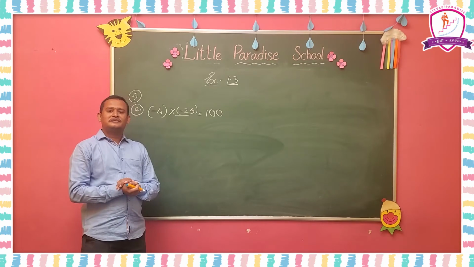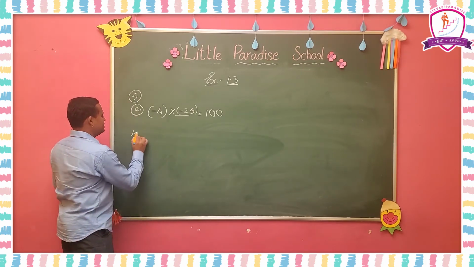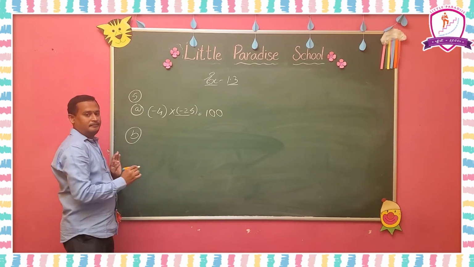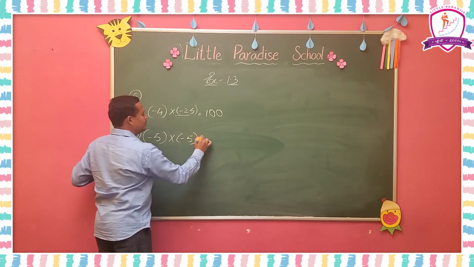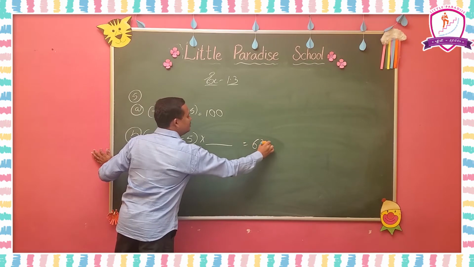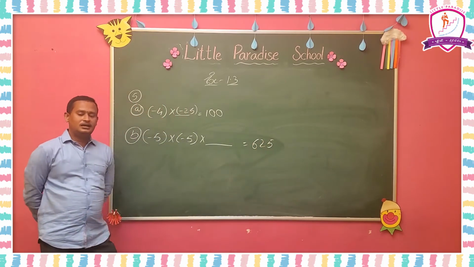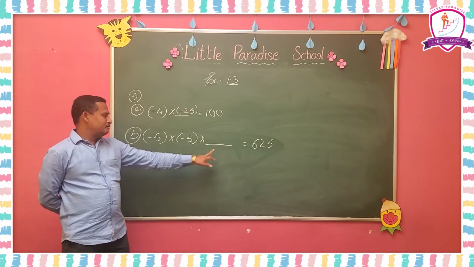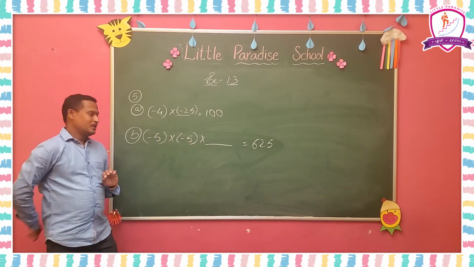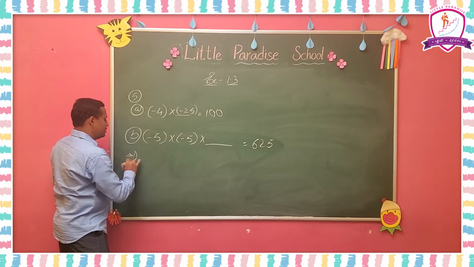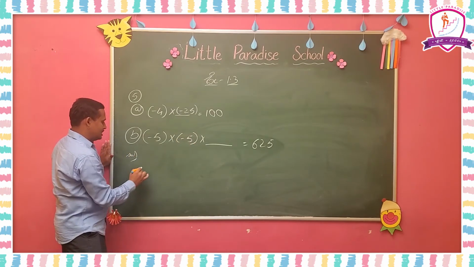Now I am going to explain about the B sum. B sum is given like this: minus 5 into minus 5 into dash is equal to 625. So here we have to multiply which number should be multiplied to this number, then we will get 625 as answer. So here I am going to explain this in 2 steps.